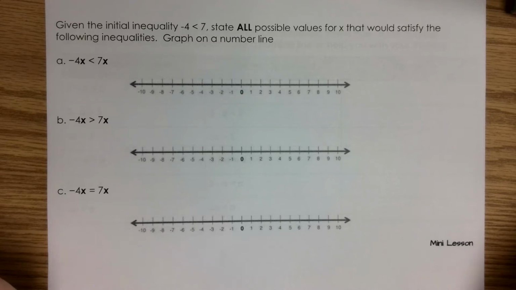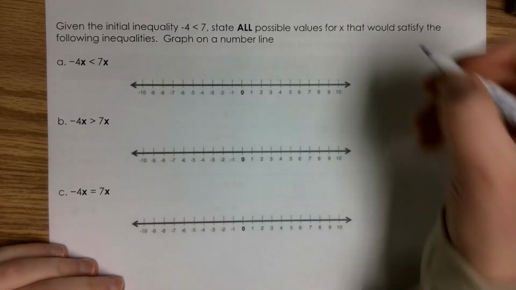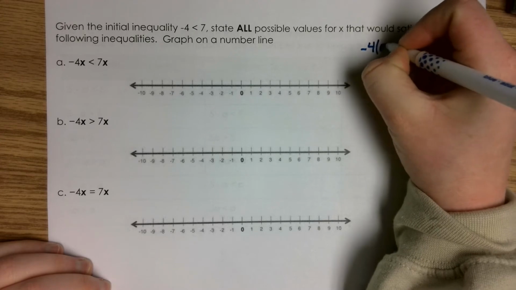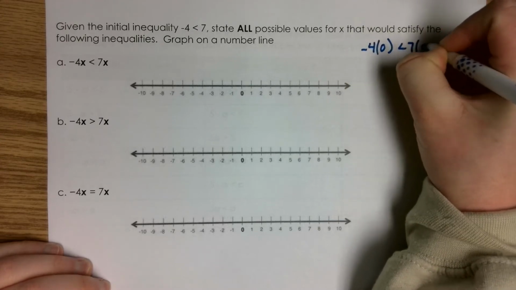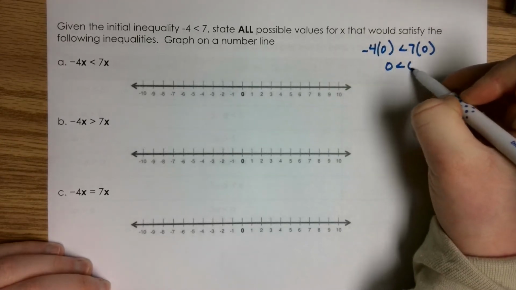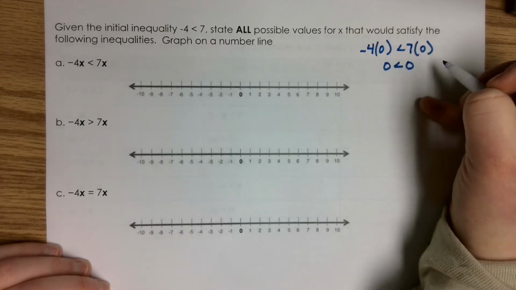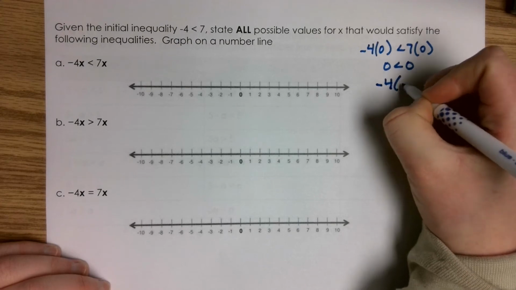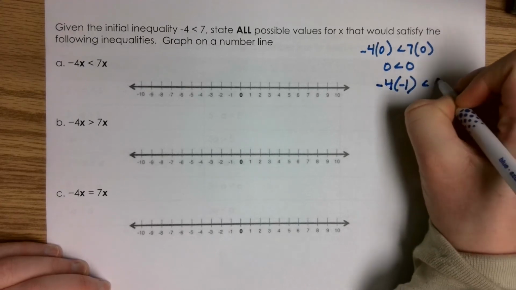that would be true for all values that are, well, let's see. If I do 0, -4 times 0 is less than 7 times 0, well, 0 is not less than 0, it's equal to, so that won't work. Let's try -4 times -1 is less than 7 times -1.